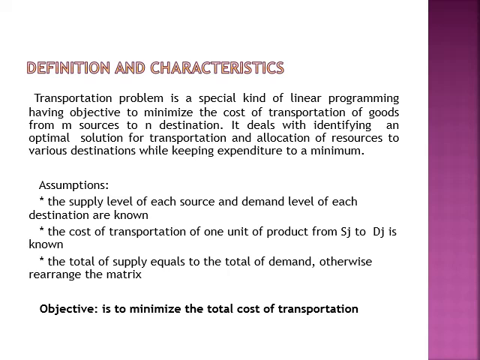Inside each cell there is a stated, given cost: the cost of transportation of 1 unit from source 1, for example, to D1, from source 1 to D2, from source 1 to D3, etc.